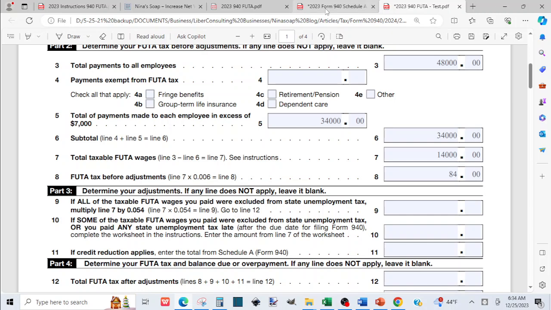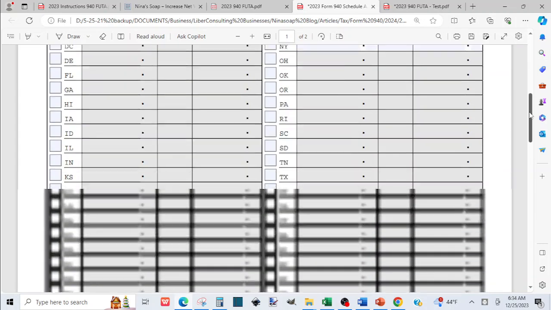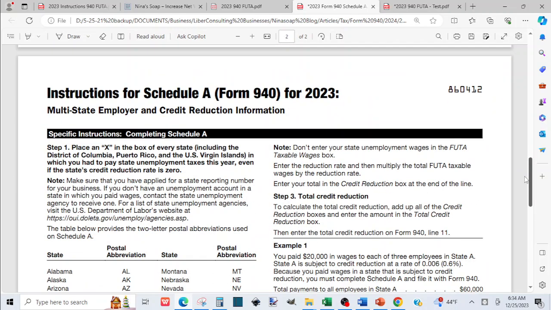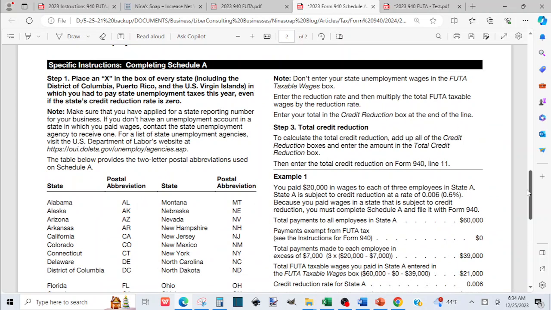And when we go to the Schedule A, the IRS has a link as well, but that link does not take you directly to the right website. I think Google might even give you the right website even faster.